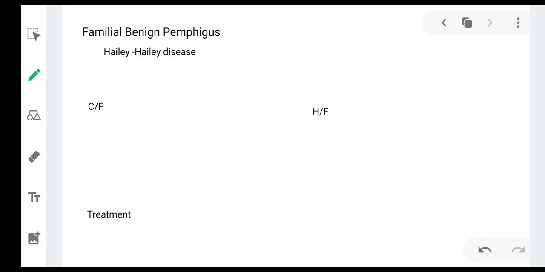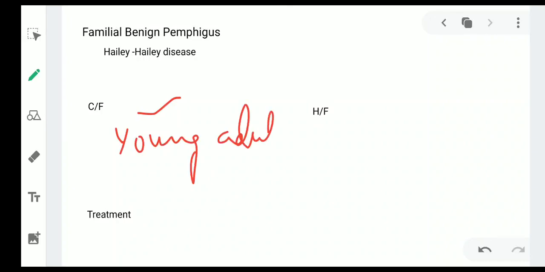Now third is familial benign pemphigus. It is also known as Hailey-Hailey disease. It's a chronic autosomal dominant disorder with incomplete penetrance. Now coming to the clinical features, the disease first manifests in young adult life.